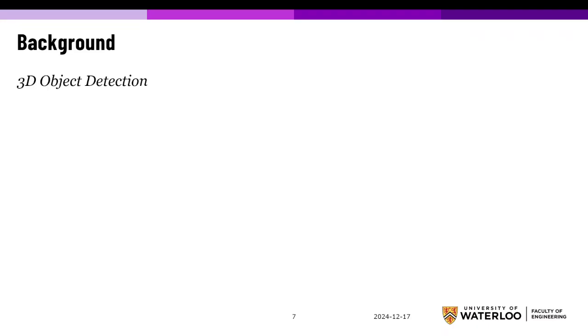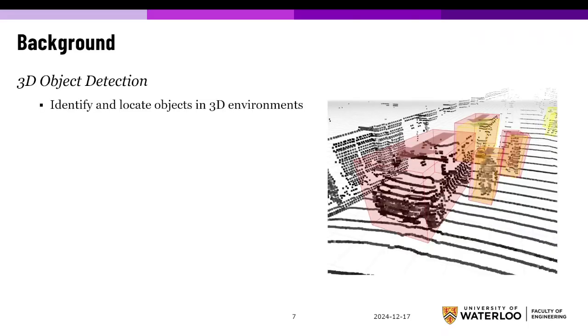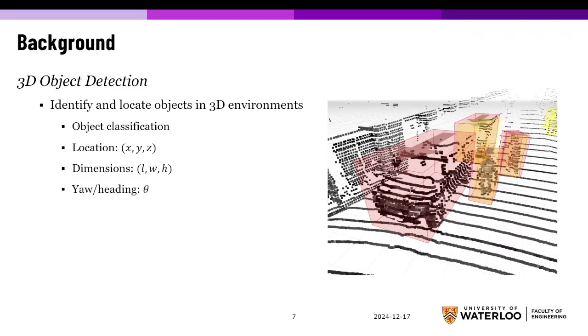So in our work, we're interested in particular in 3D object detection. And this is a task of identifying and locating objects in 3D environments, which will involve, first of all, classifying what type of object is present in the environment. We want to determine the location of the object in terms of a 3D XYZ coordinate. We want to determine the dimensions of the object, the length, width, and height.